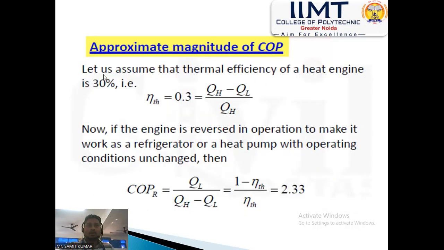So let us assume that the thermal efficiency of a heat engine is 0.3, that is, work done upon higher heat supply, efficiency 30%. Now we will calculate for the reverse Carnot cycle and the heat pump.